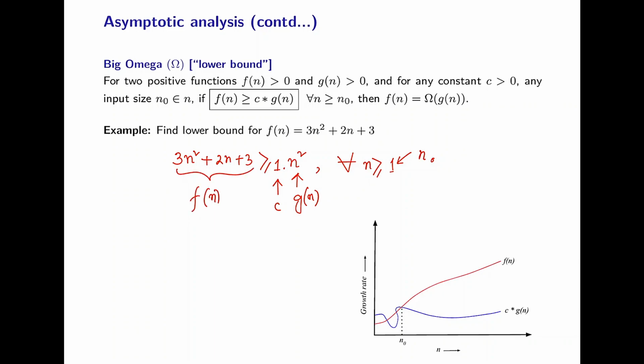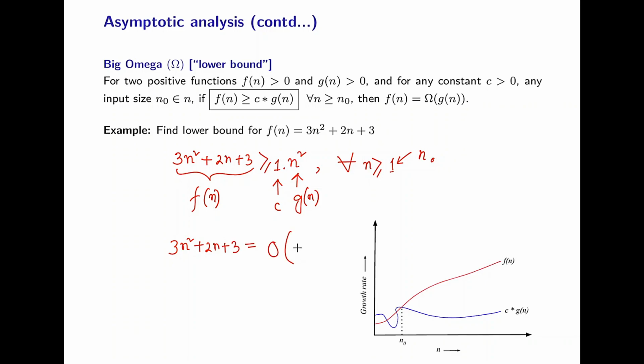What is f(n)? Here this is our given f(n). Now f(n) is greater than or equal to some c into g(n) for all values of n greater than or equal to 1. So 1 is the value of n naught. So can we write f(n), that is given to us, 3n square plus 2n plus 3, is equal to big O of g(n)?